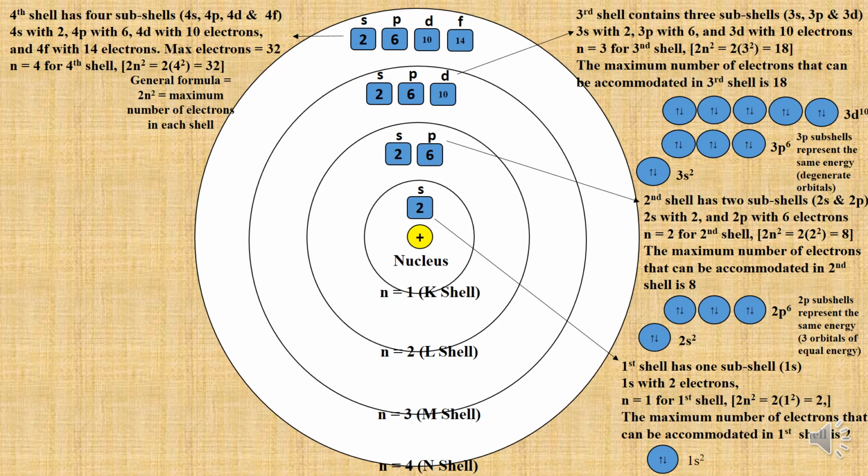The fourth shell contains 4 subshells, 4s, 4p, 4d, and 4f: 4s with 2 electrons, 4p with 6 electrons, 4d with 10 electrons, and 4f with 14 electrons. So a total of 32 electrons. So n is equal to 4 for the fourth shell, and the total number of electrons that can be accommodated in the fourth shell is 32.